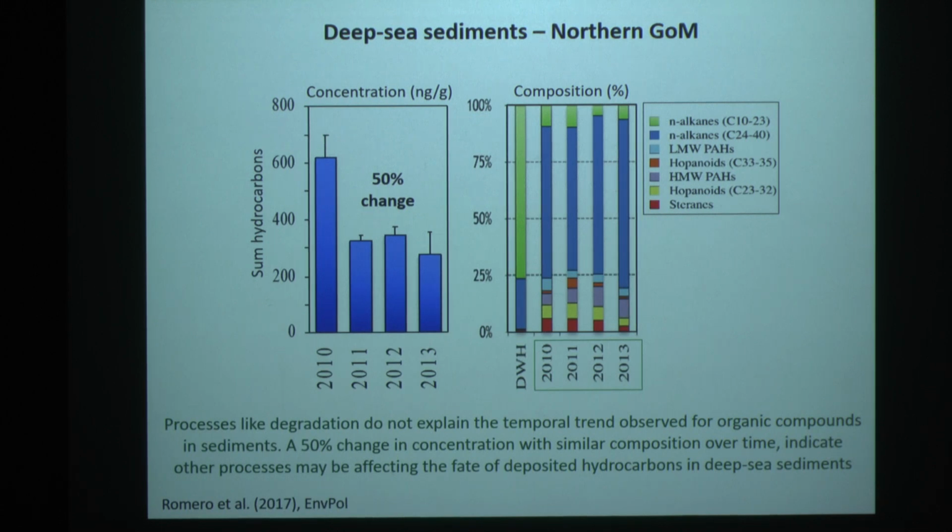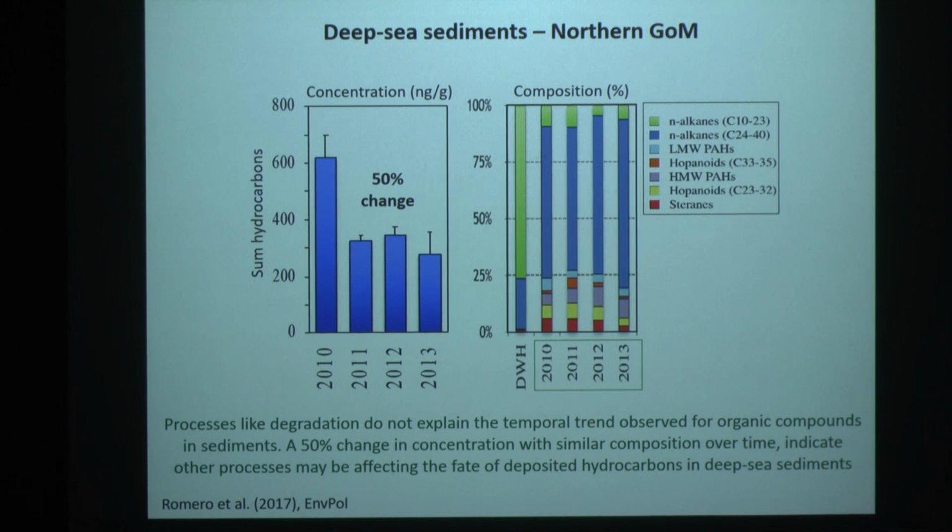Over time, that surface layer becomes buried underneath, and we wanted to follow that in order to see what happened with these compounds. In very few words, there was a big change in the concentration, but not in the composition, which means degradation processes are not driving the concentrations or the fate of these compounds in the deep sea sediments.